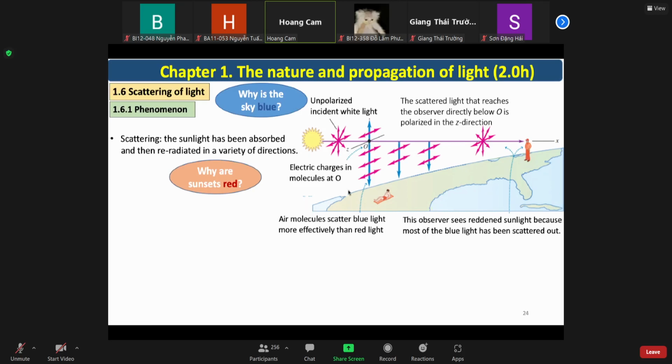In fact, we can observe that the sky is blue because air molecules scatter blue light more effectively than red light.